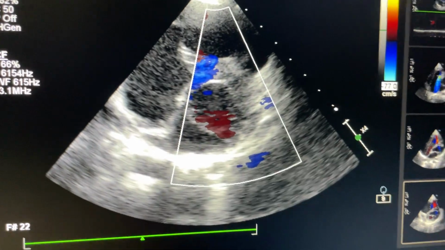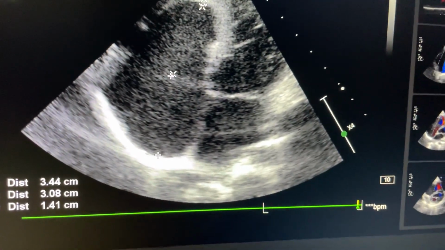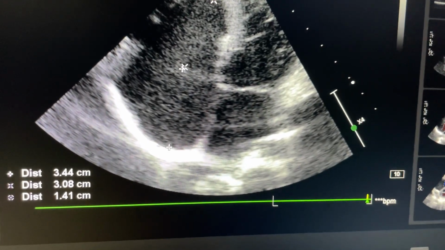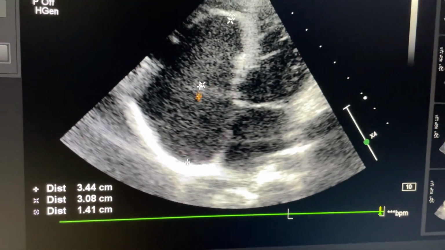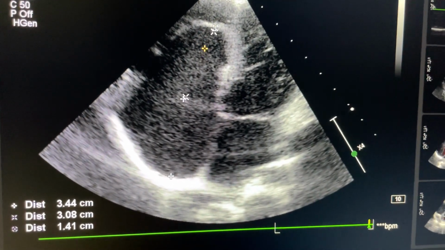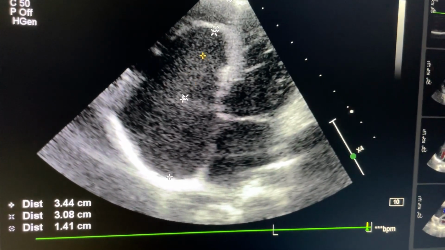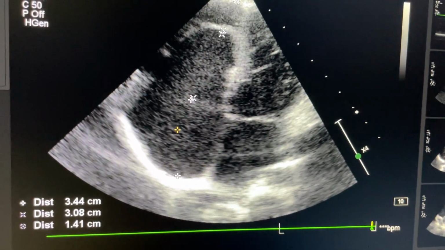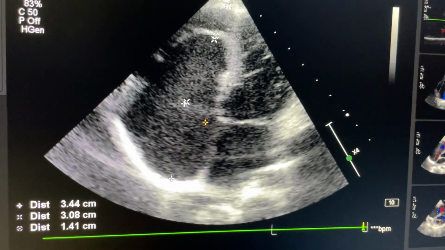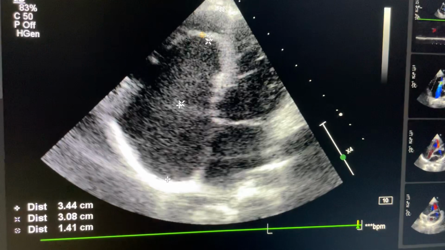Now you can easily see, in this case, this part is right atrium. This part is atrialized right ventricle. The part of right ventricle that has become atrialized, that is in connection with right atrium, almost has become like right atrium, and this is tricuspid valve.